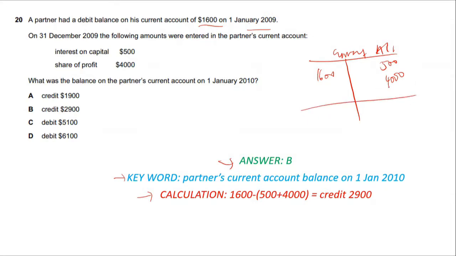So 4,500 minus 1,600, this would be 2,900. This is carried forward, and this would be brought forward here on 2010. The balance is basically 2,900 credit. Multiple choice 20, the correct answer is option B.